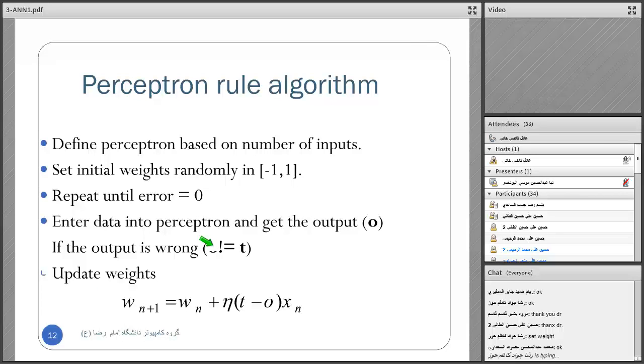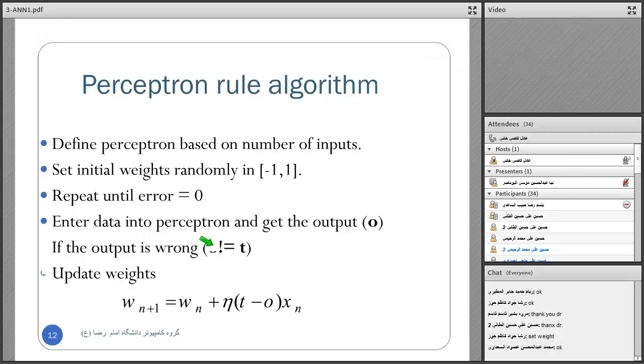O is the output of the perceptron. We give a data x, it means that we give x1 and x2, and then we have w1 and w2, and we get the output of the perceptron. That is called O. T is the target output. It means the output that we have in the data.